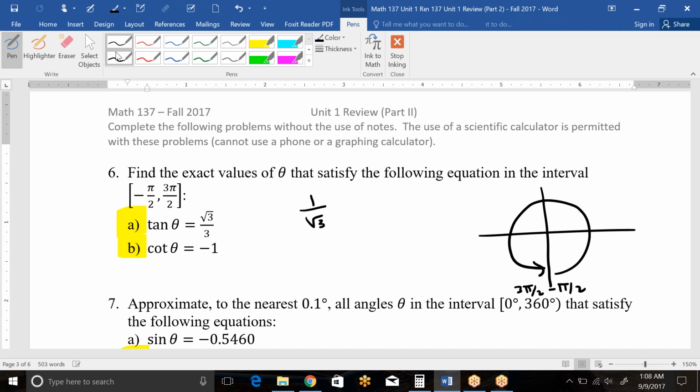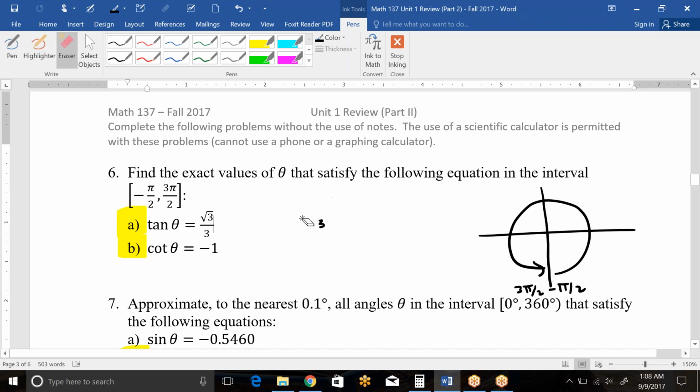So remember, that happens when you have either a 30, 60, 90 triangle, because you're getting a 1/2 and a square root of 3 kind of matched together. So if you think about before this was rationalized, it was 1 over the square root of 3, which meant that we had a 1/2 and a square root of 3 over 2. And that was our y, and this was our x.